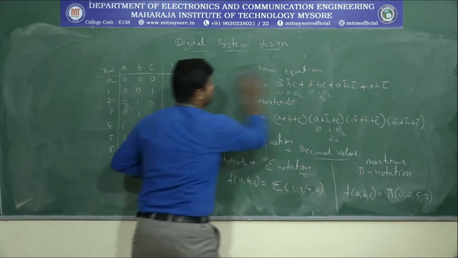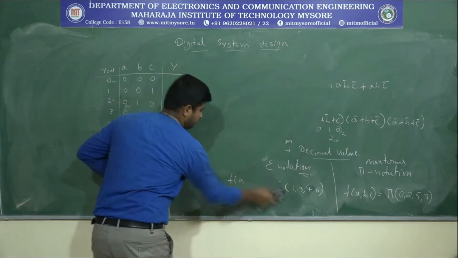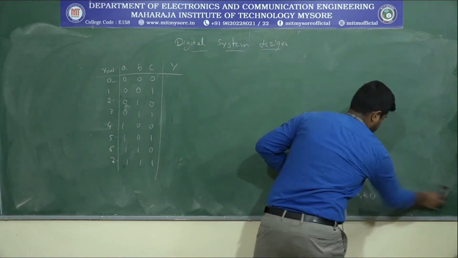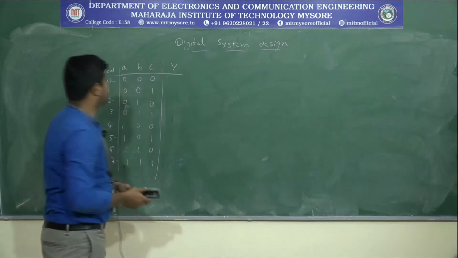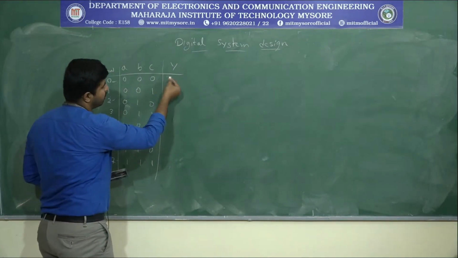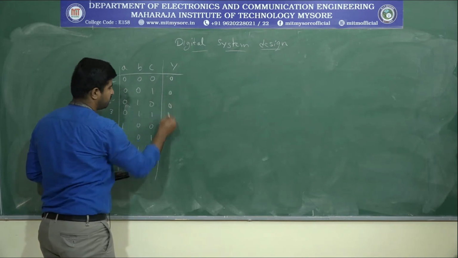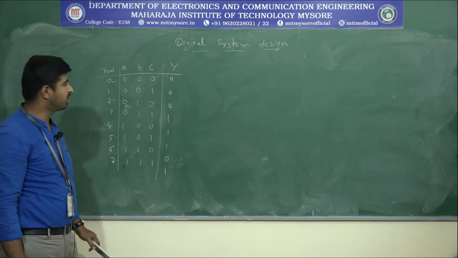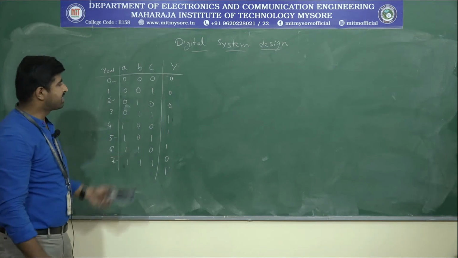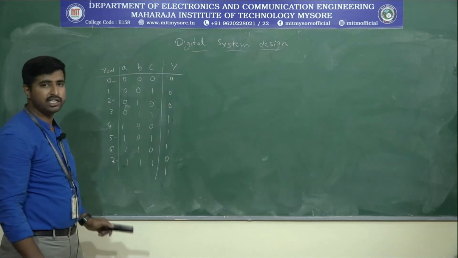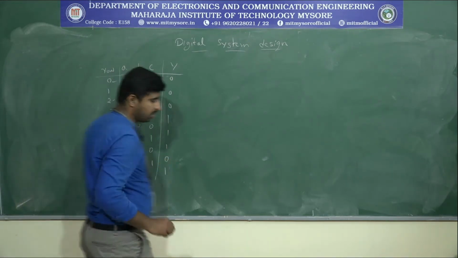Same truth table, I will take some output randomly. So this is the output equation, assume that one. Then what is the min term expression and what is the max term expression for this corresponding problem?